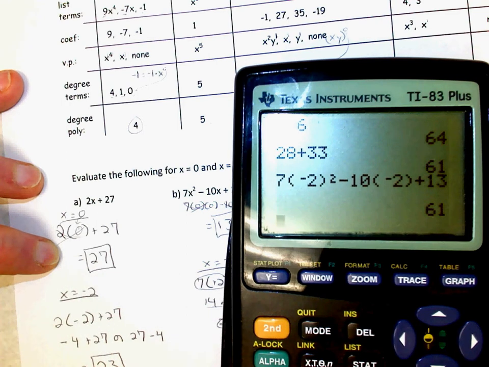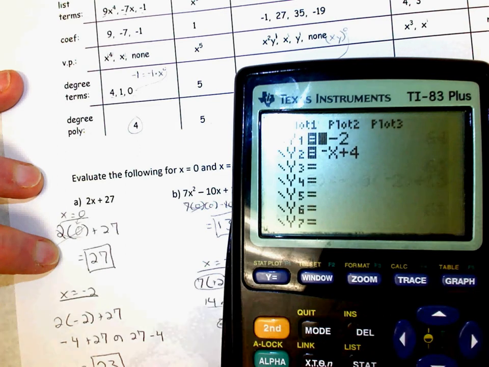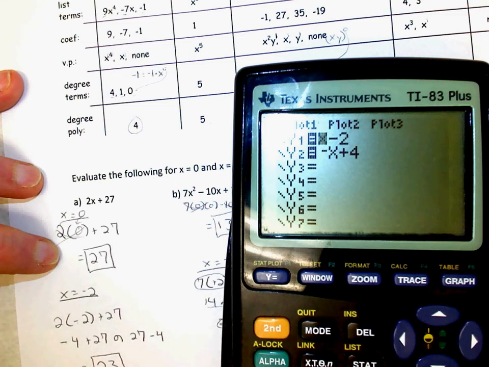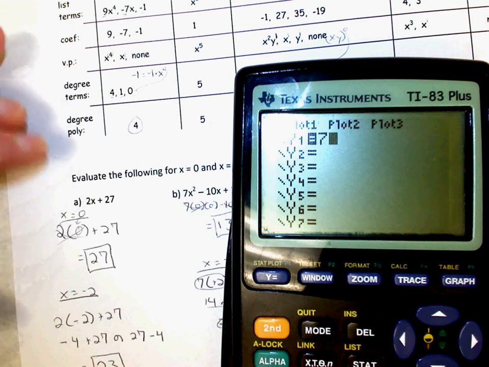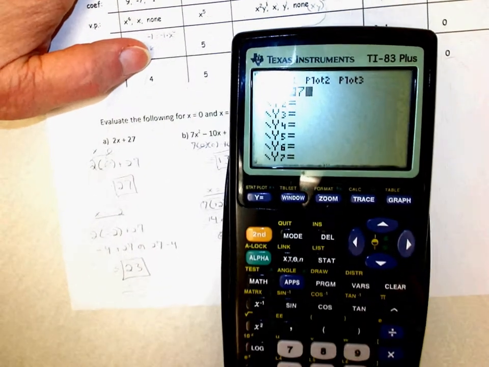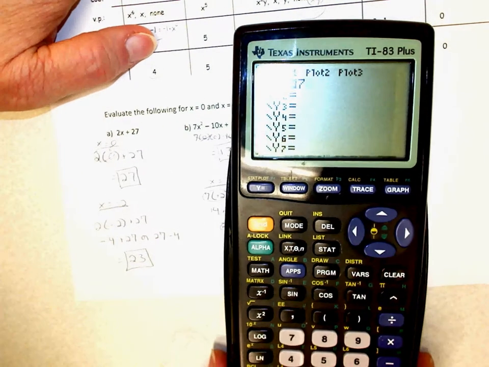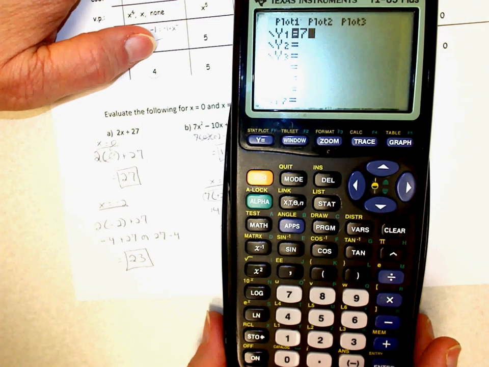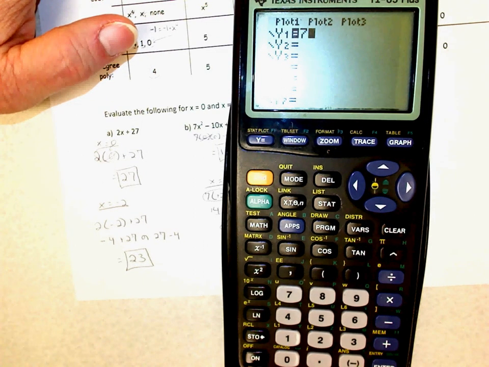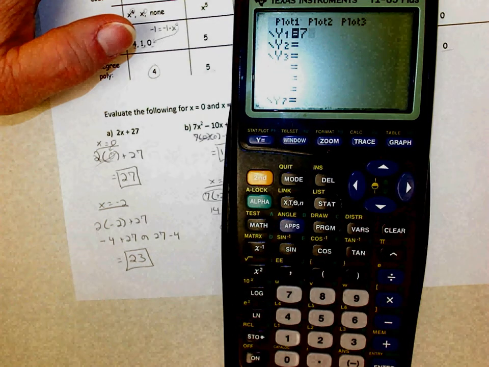So can you shortcut that? Oh yeah, completely. There's another way of shortcutting this. You hit y equals, clear out anything that's already there, and you put 7, and let me back this up some, because I want you to see everything I'm hitting here. And let me kind of dim the light on this because it's definitely shining and interfering.